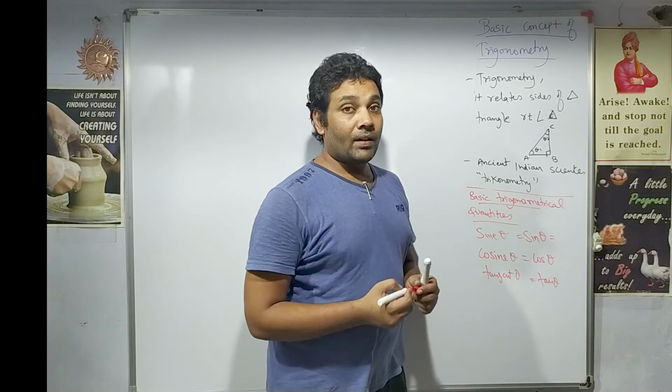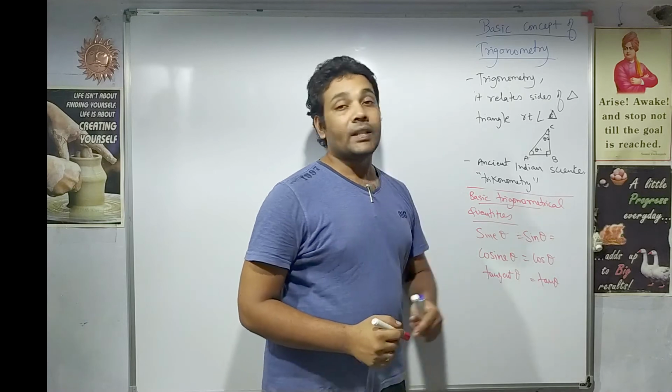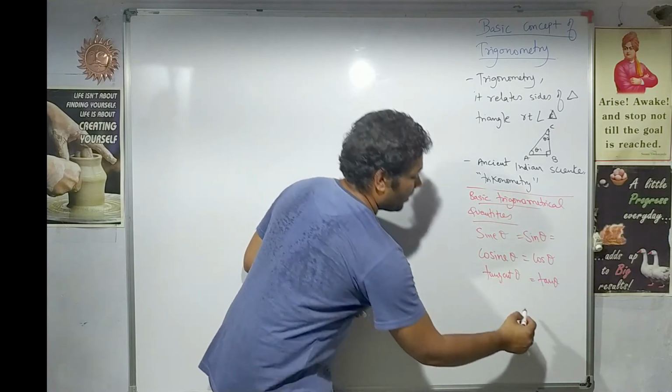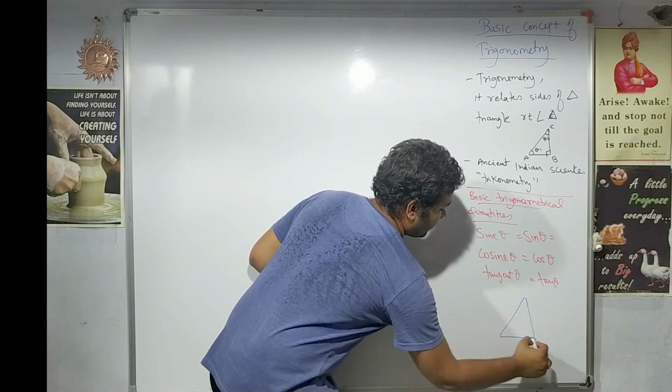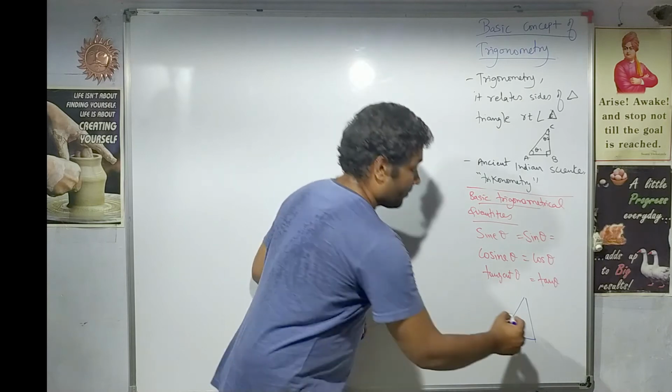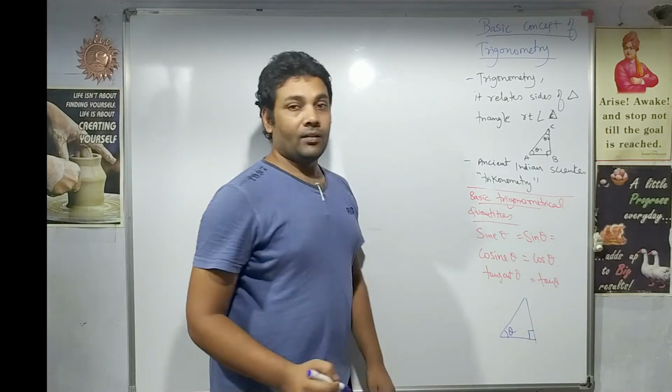How will you find out the value of sine of theta? Now let us take a reference triangle in which this angle I take as theta, and this angle is 90 degrees.